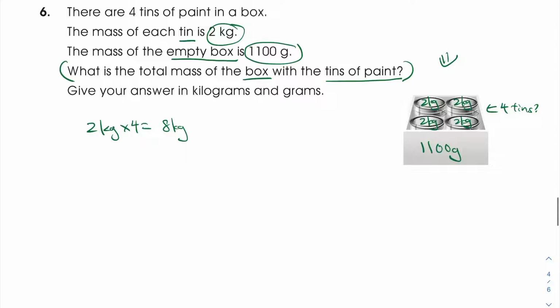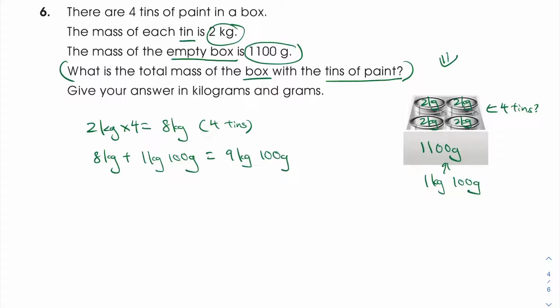Okay, this is 4 tins. So to add on the mass of the box, we have 8 kilograms plus 1 kilogram 100 grams, so it will give you 9 kilograms 100 grams in total.